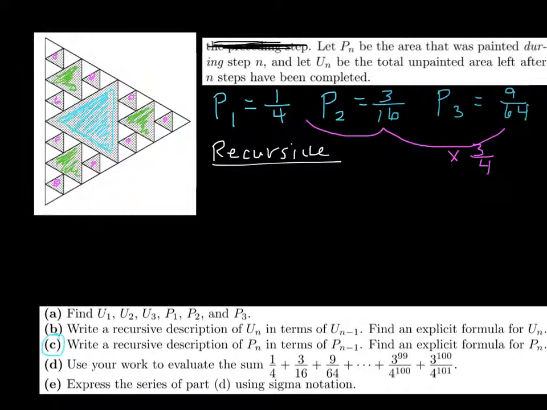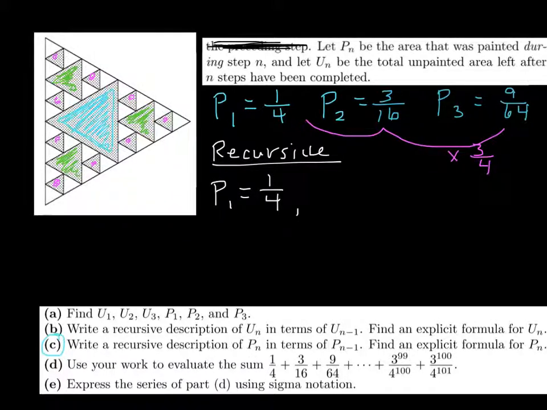Your recursive description is you're starting at this, P of 1, or P sub 1, is 1/4. You're starting at that, and then you multiply each one by 3/4. That's a recursive description. To write it, you just say, hey, I start at P of 1, P sub 1 equals 1/4.